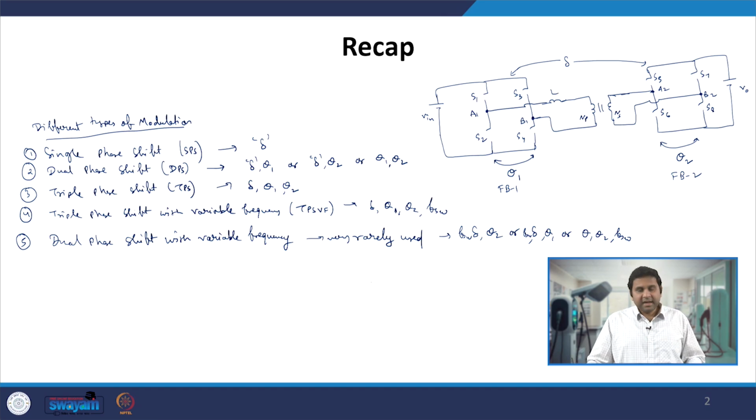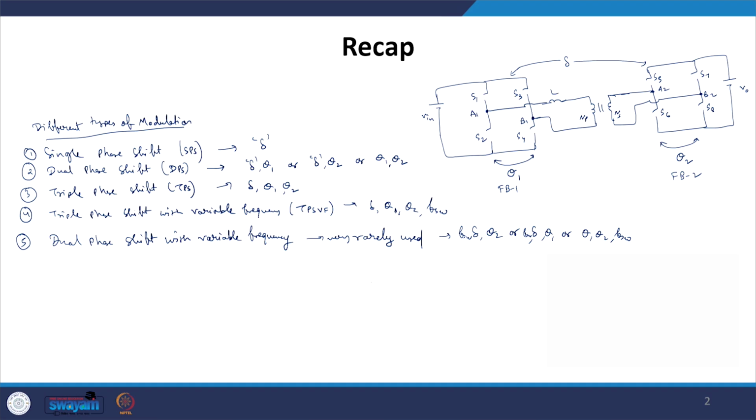Now using that, there are different kinds of modulations possible with this kind of converter. The first modulation is simply the single phase shift modulation, where the phase shift is given between the turning on of the S1, S2, S3, S4 switches and the S5, S6, S7, S8 switches. That means the turning on and off instances of the S5 switch are shifted by the phase angle delta from those of S1.